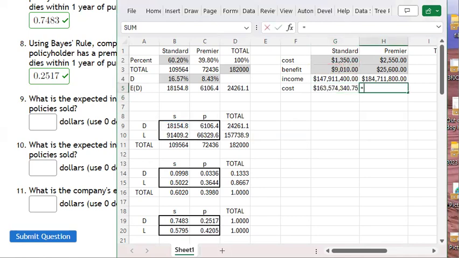And then we do the same thing for the premium customer. So that's the benefit, right? The people who die with a premium policy, they get a big payment, $25,600 for a fancy funeral. We're going to multiply that by the number of premium customers who we expect to die. And then this is, I guess, the net income.